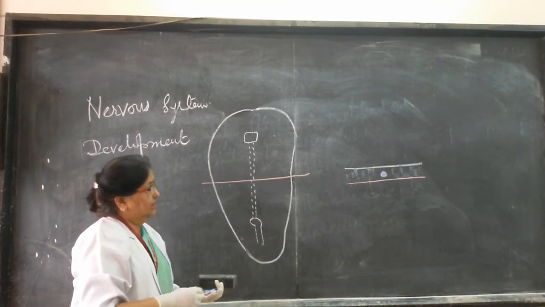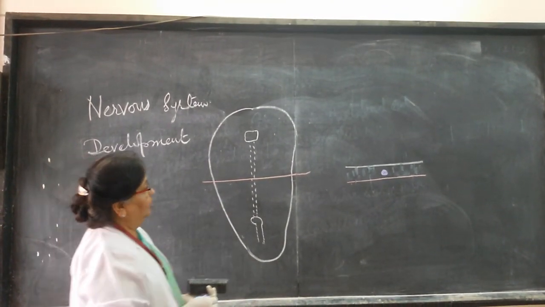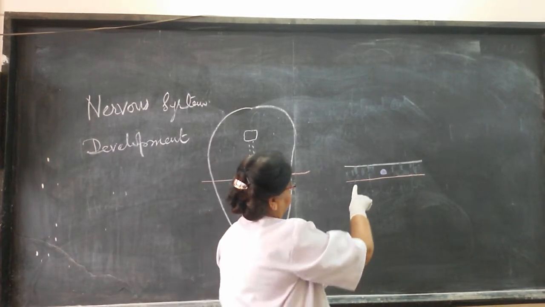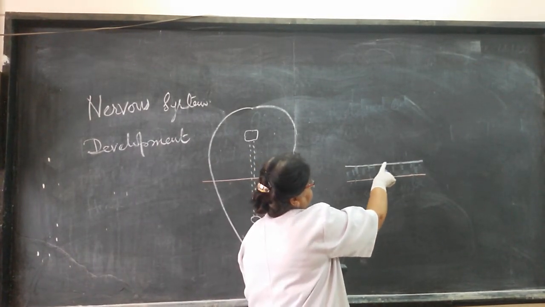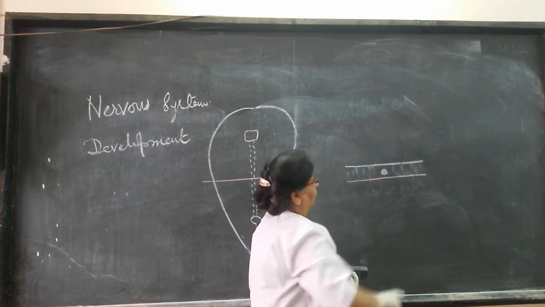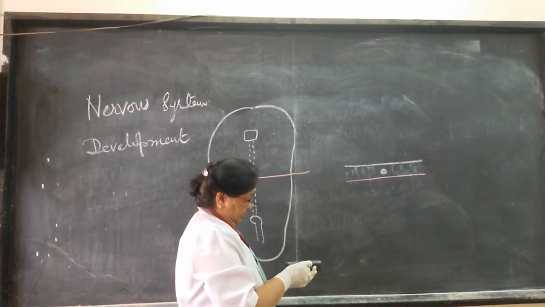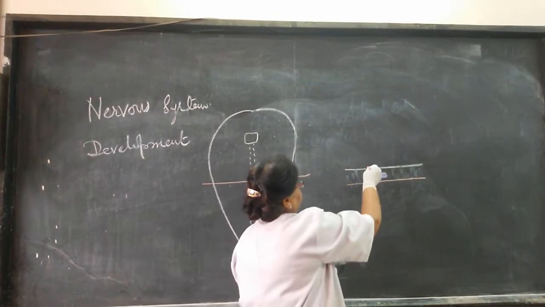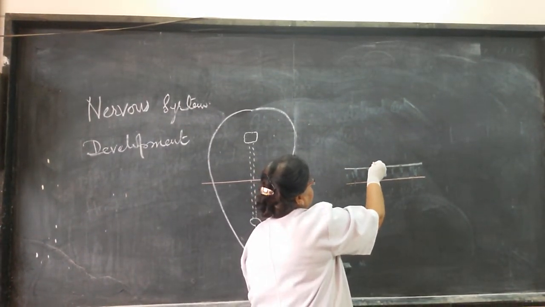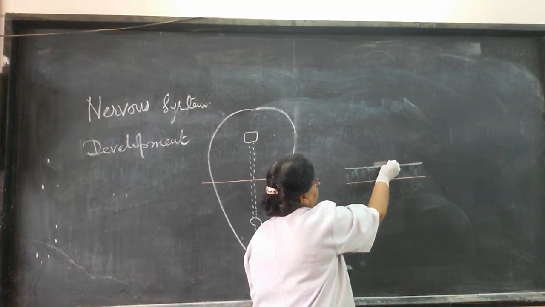Now, the ectoderm overlying the notochordal process in this region modifies, becomes thickened and forms a plate known as the neural plate.